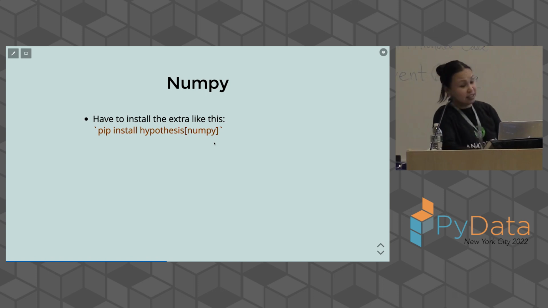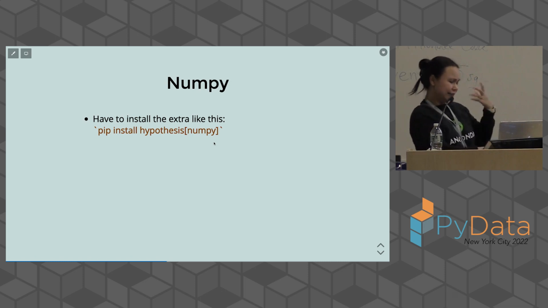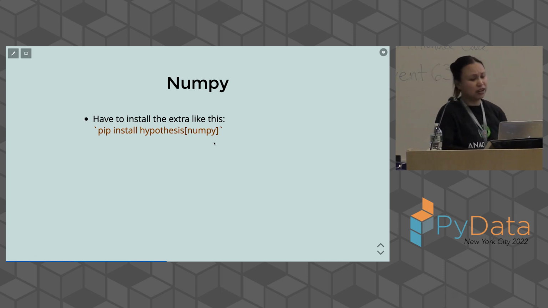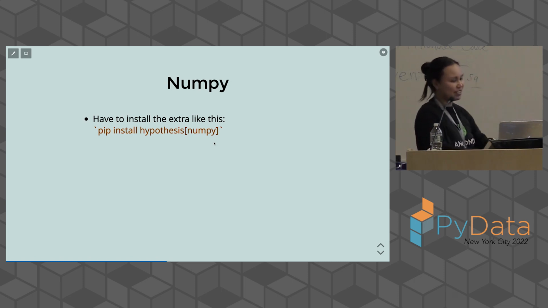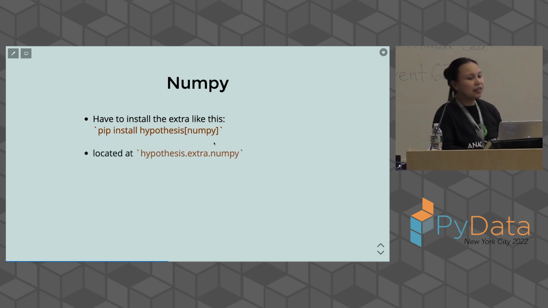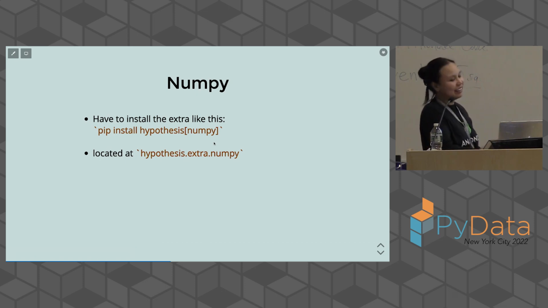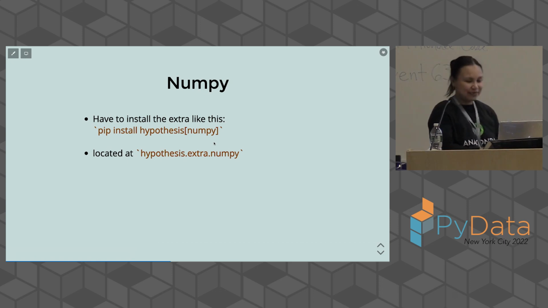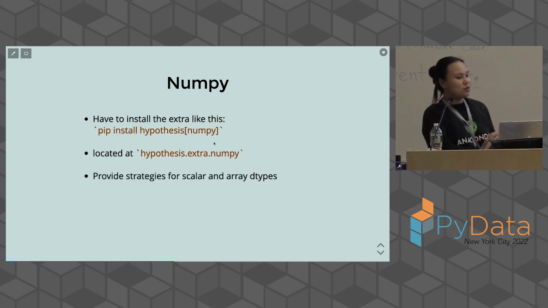The difference is that it will install the NumPy extra for you. So you can use what I'm going to talk about in this slide and the next slide. After you have installed it like this, you will have some extra things at hypothesis.extra.numpy.